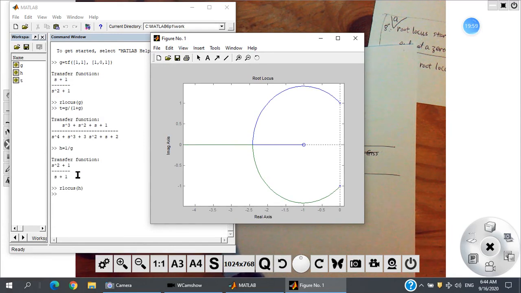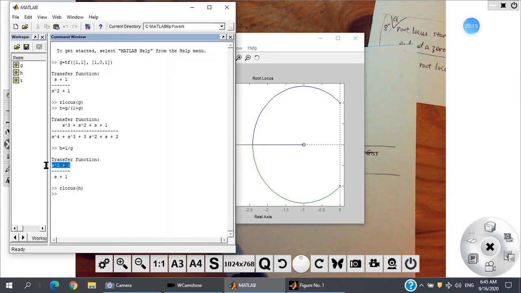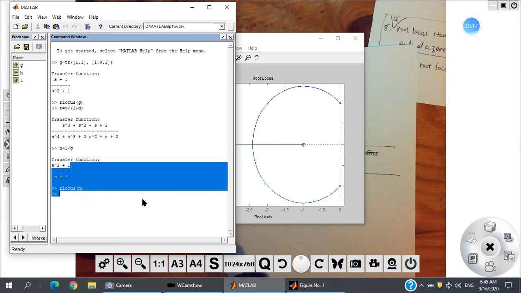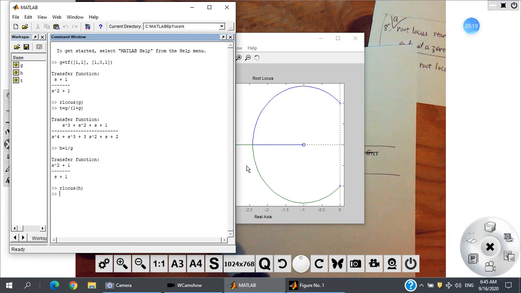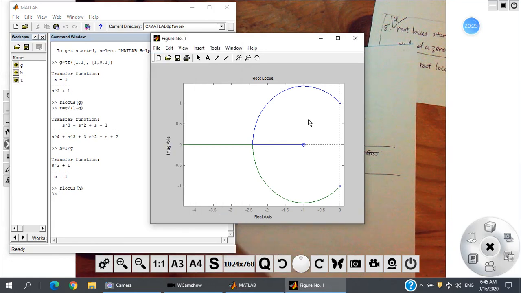But you see, the locus is still considered as 2 poles and 1 zero. So this is MATLAB. MATLAB always works like this. If you have more order in the numerator, then it will reverse it. So always consider this case.